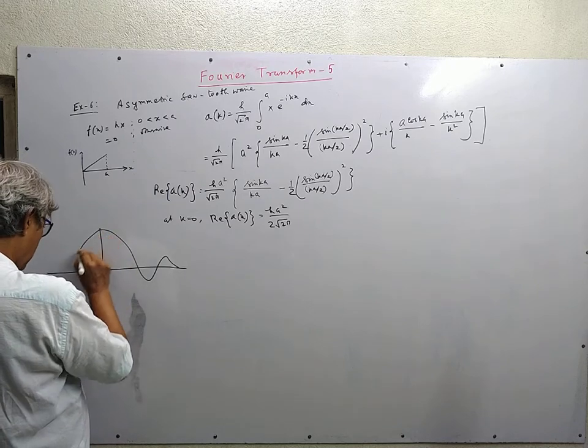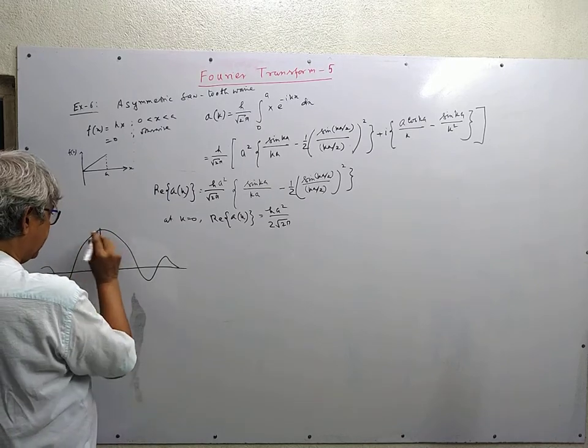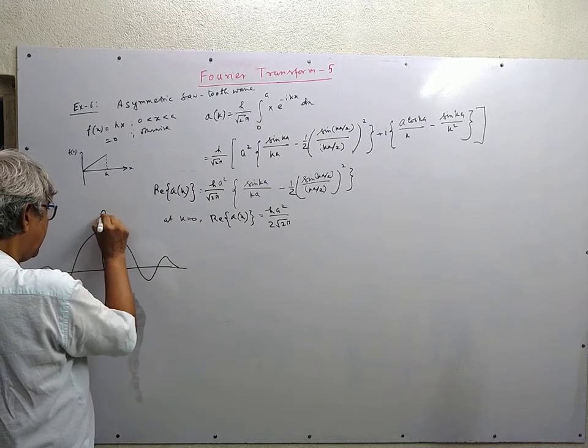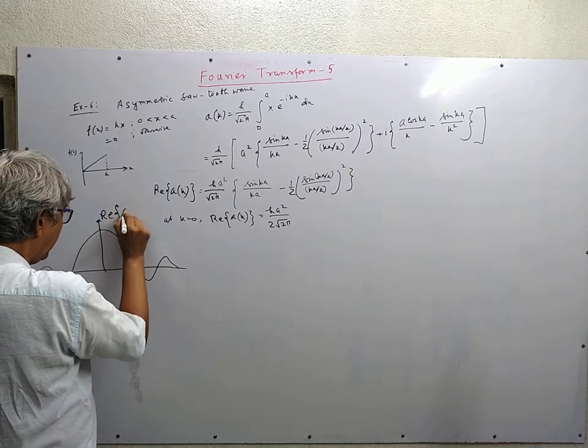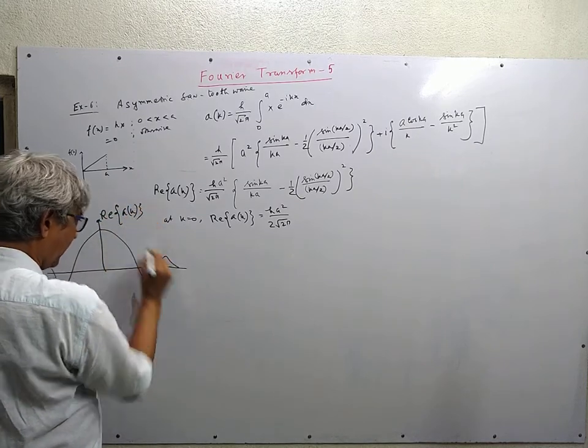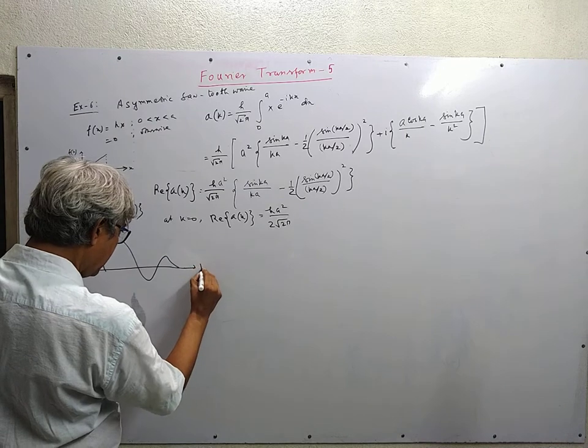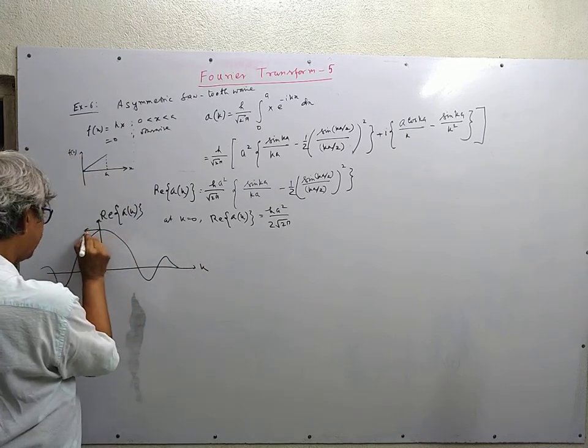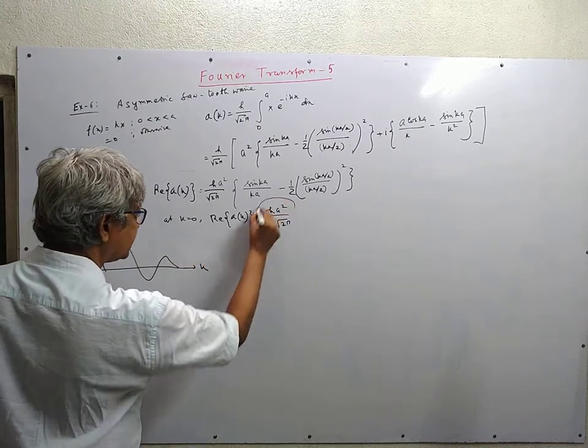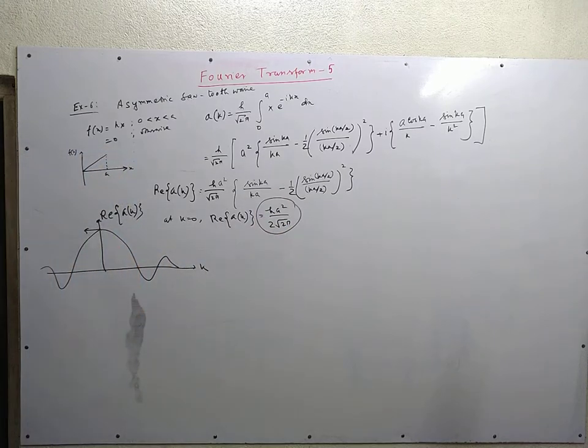It looks like this complicated one. This is the real a of k and this is k. This value we have just quoted here, this is the peak value.